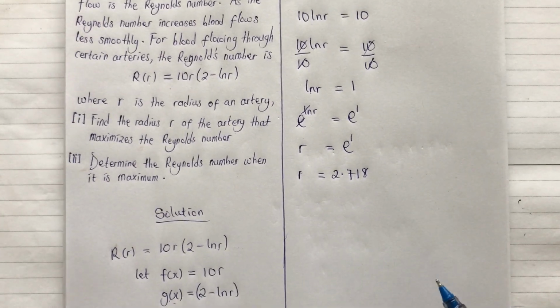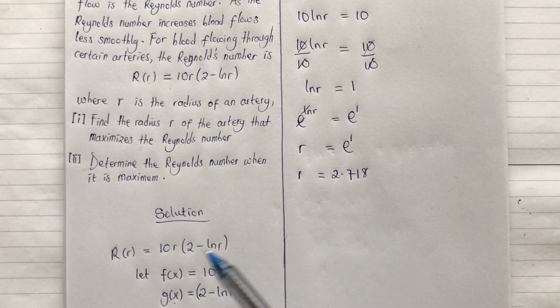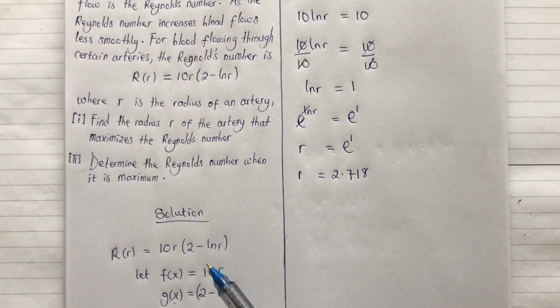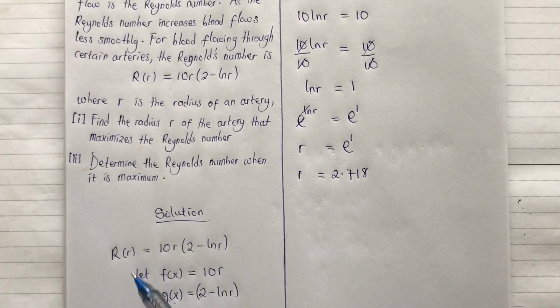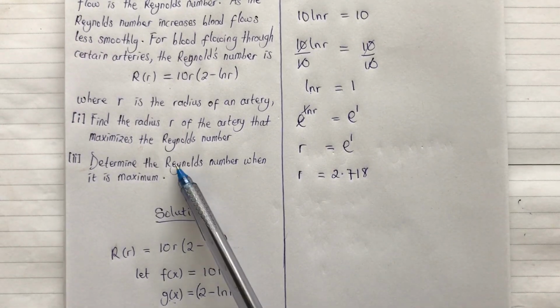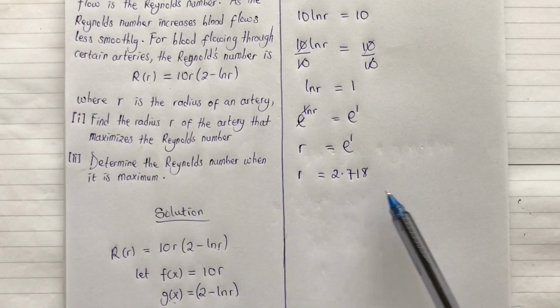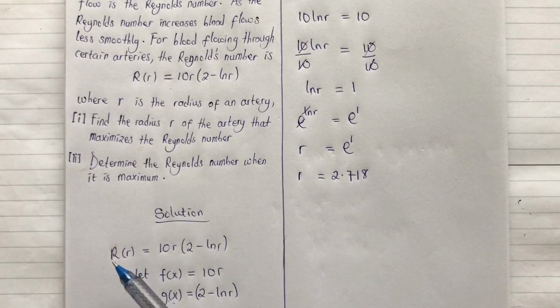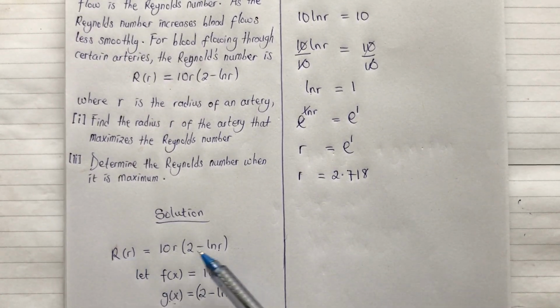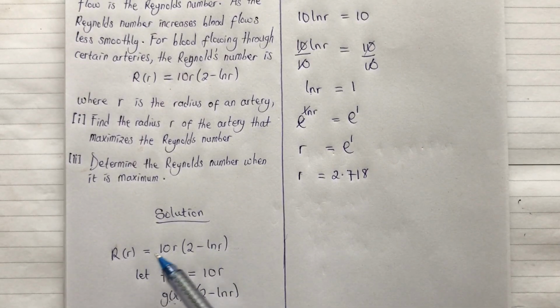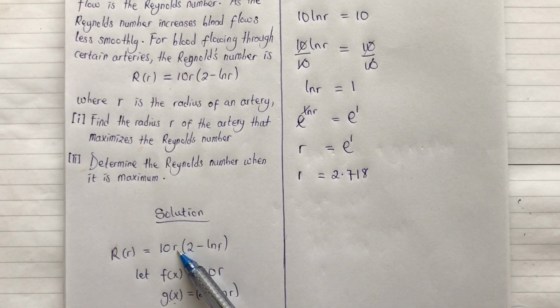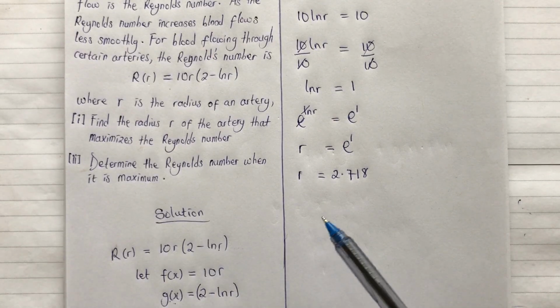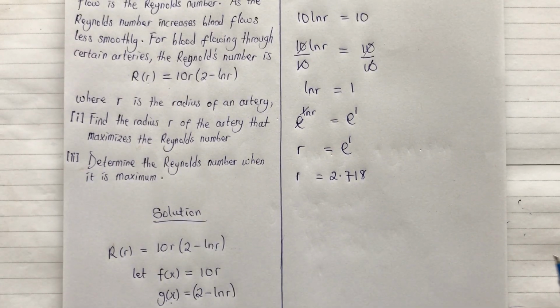So all we need to do now is substitute r into the original function to find the Reynolds number R(r). That is what he says, the Reynolds number when it is maximum. So at maximum, r equal to this, and at maximum, what will be the Reynolds number? So the Reynolds number here will be 10r(2 minus ln r). So you just substitute the values here, and you are done.